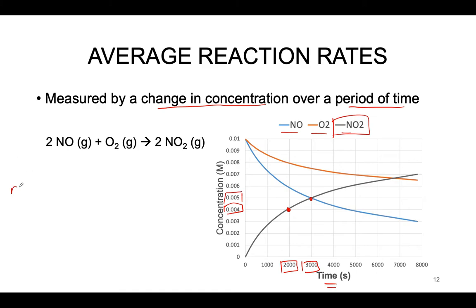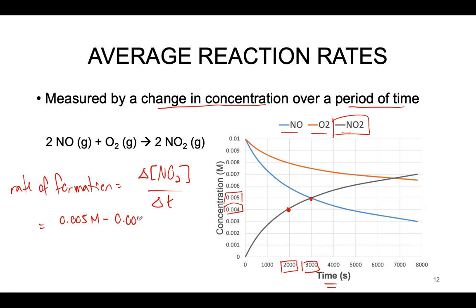So this means our rate of formation, which is equal to the change in the concentration of our NO2 divided by the change in time, is going to be equal to 0.005 molar minus 0.004 molar.